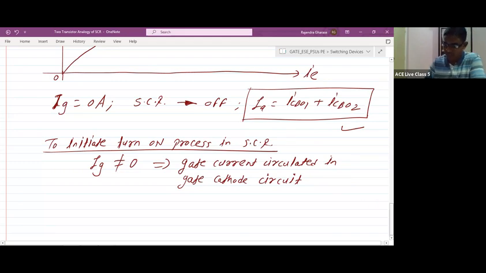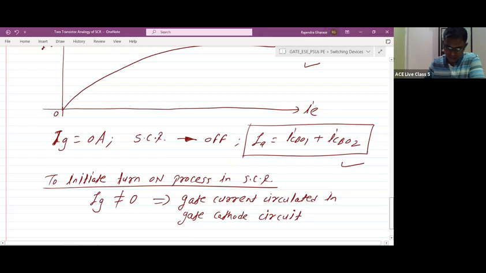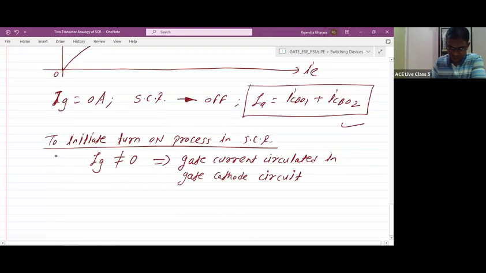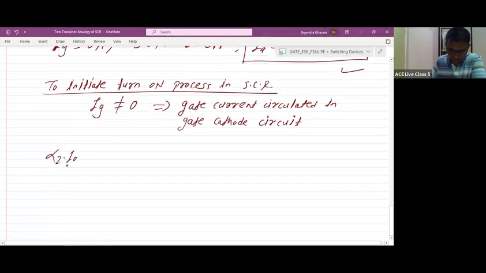Suppose IG is non-zero. IG non-zero means the alpha 2 into IG term will be non-zero, so alpha 2 IG term increases. What about the IE2? You can check, IE2 is nothing but the addition of IA and IG.